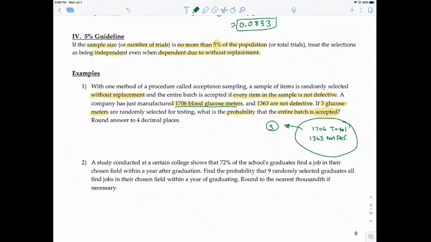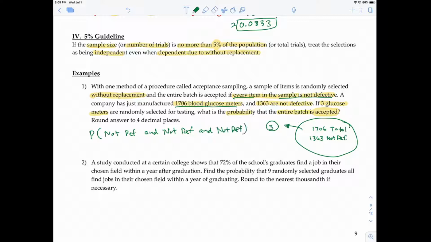According to the acceptance sampling method, every item in the sample has to be not defective. So that is the probability that the first one is not defective, and then the second one is not defective, and then the third one is not defective.